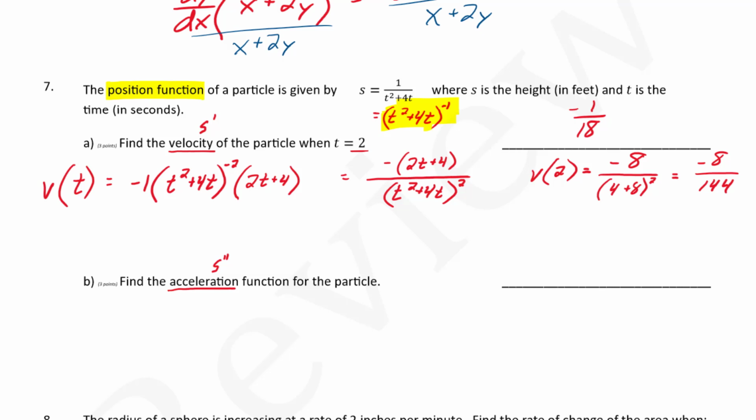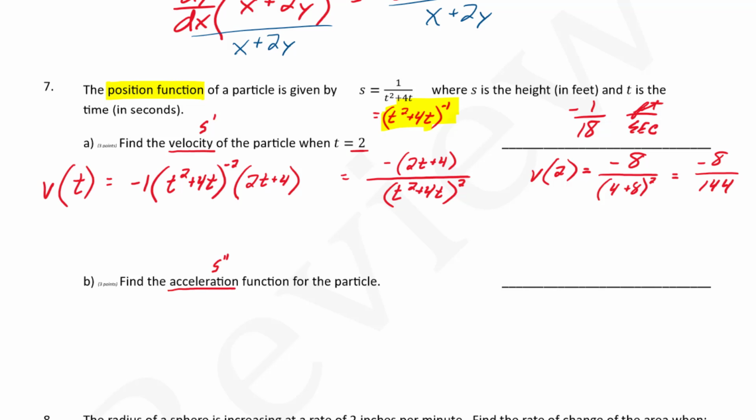And this does have units. Velocity here, if we're talking height, is in feet and time is in seconds. That's going to be feet per second. The fact that this came back negative would imply that at that moment in time it must be falling, not rising. And technically it is falling at a rate of 1 foot every 18 seconds, if you want to think of it that way. That's kind of a weird way of thinking of it.